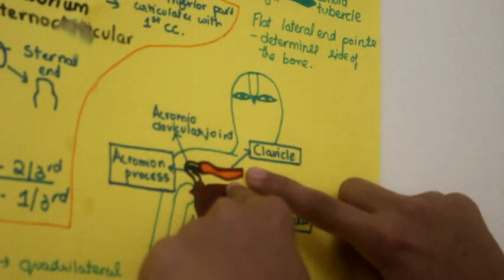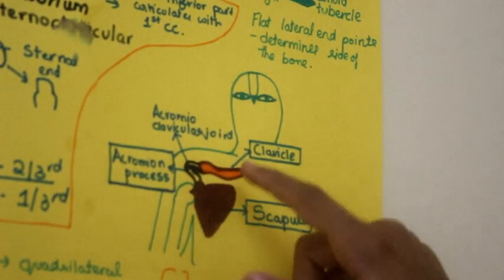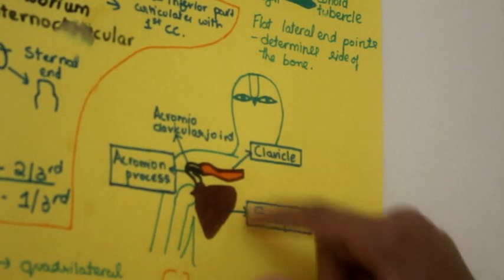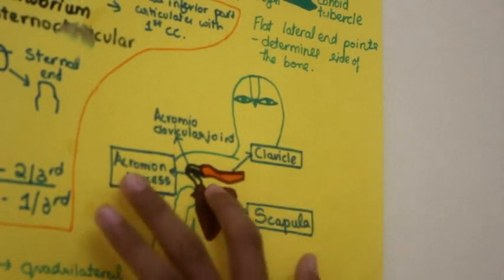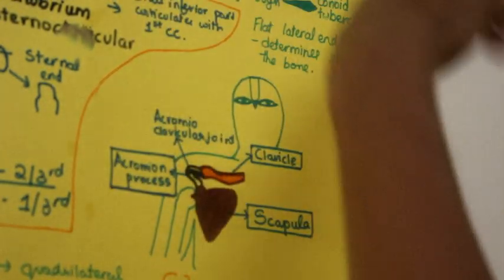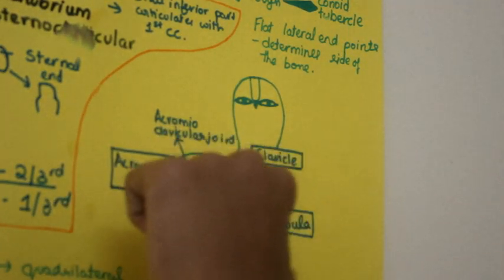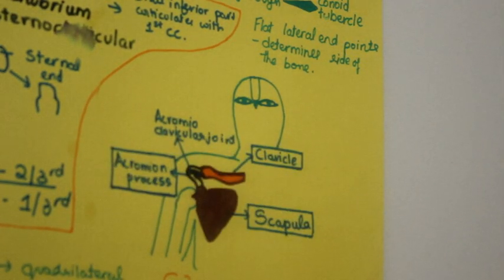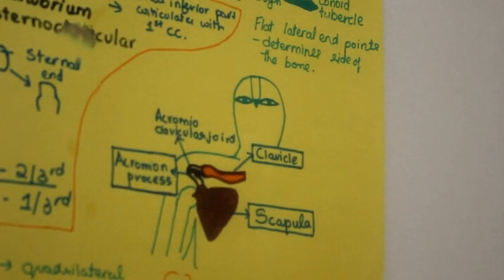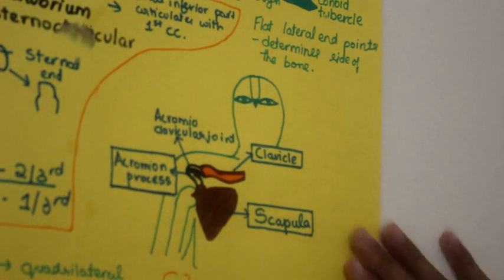So the clavicle connects to these 2 areas. The acromion process is a small, 7-shaped bony process, and connects to these 2 bones. But yeah, this person looks very funny as he doesn't have a nose and a mouth. That's okay, just to determine the anatomical features.